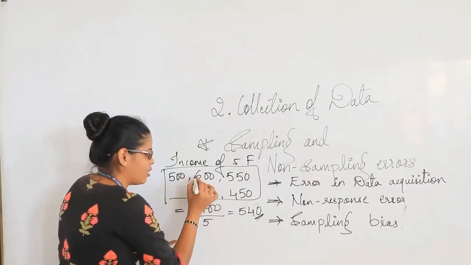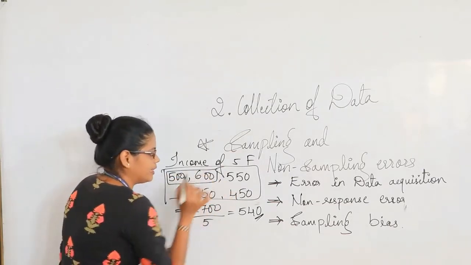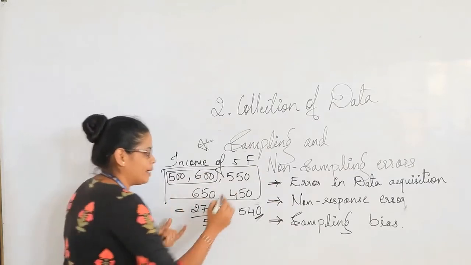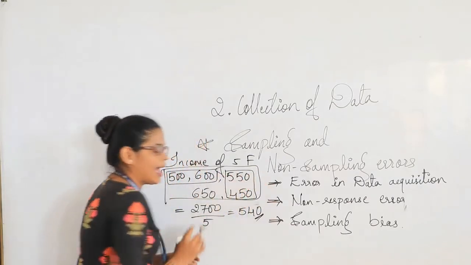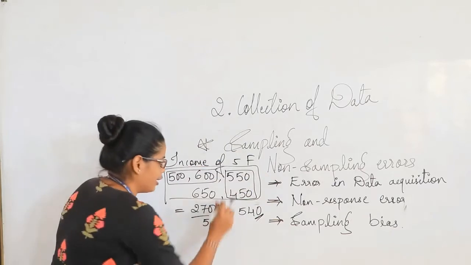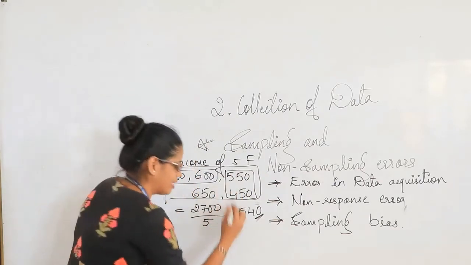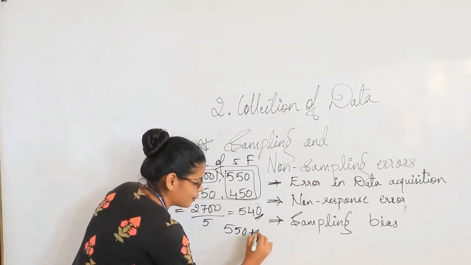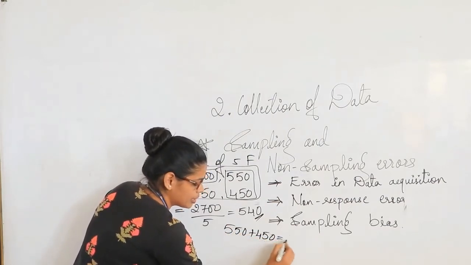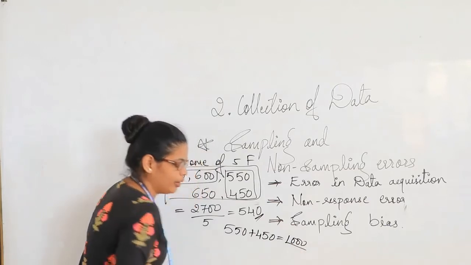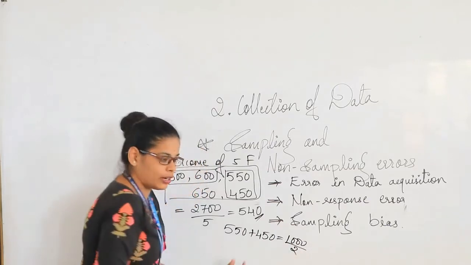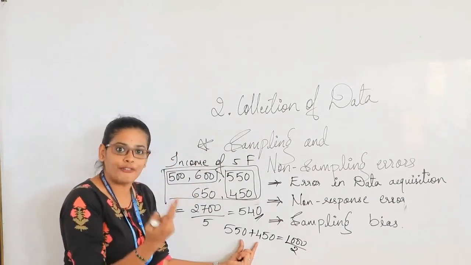So I have now considered only these 2 families as my sample. If I consider these 2 families, how do we find the average? This becomes 550 plus 450, which is 1000, and if you divide it by 2, because we have considered only 2 families, right?